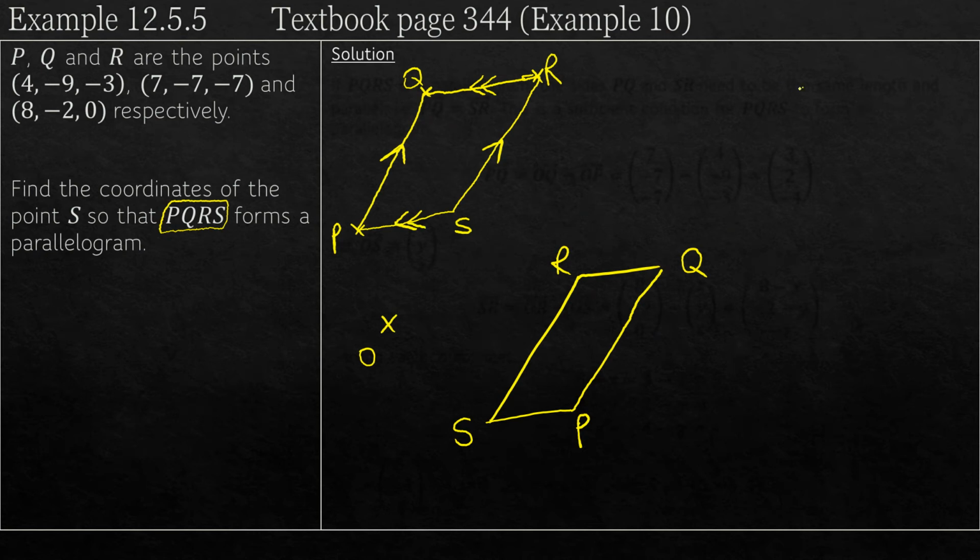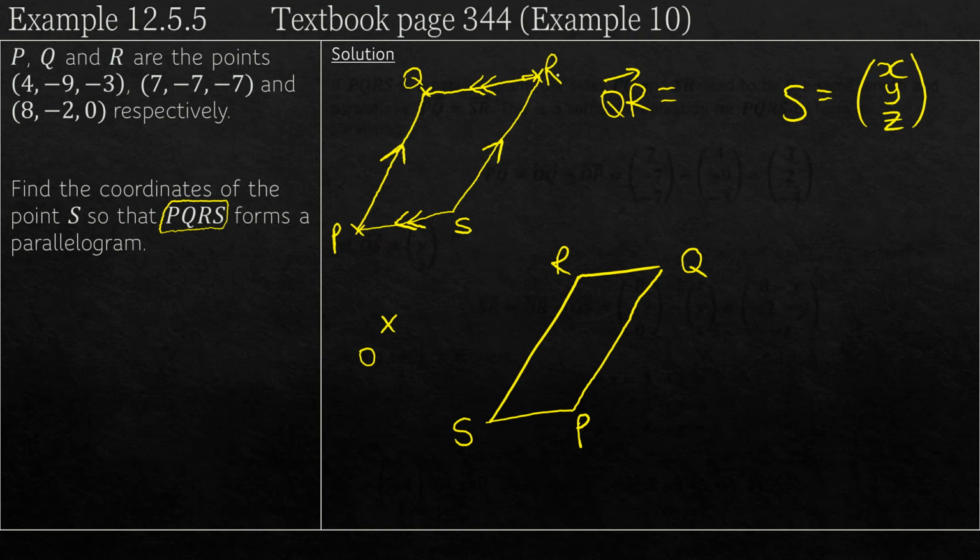So if I let S equal something like the vector x, y, z, then I could work out QR, for example, and then I know from a diagram that would have to be exactly the same as the vector PS.